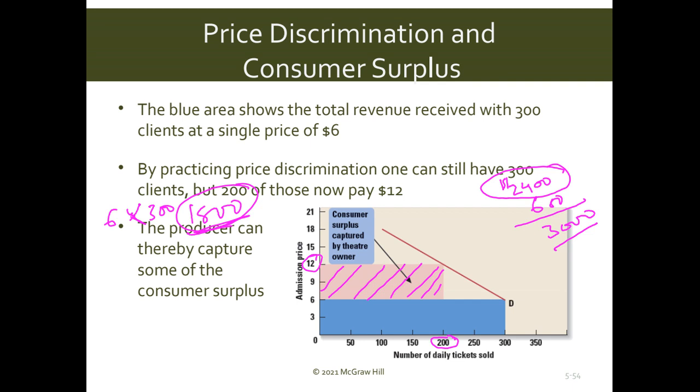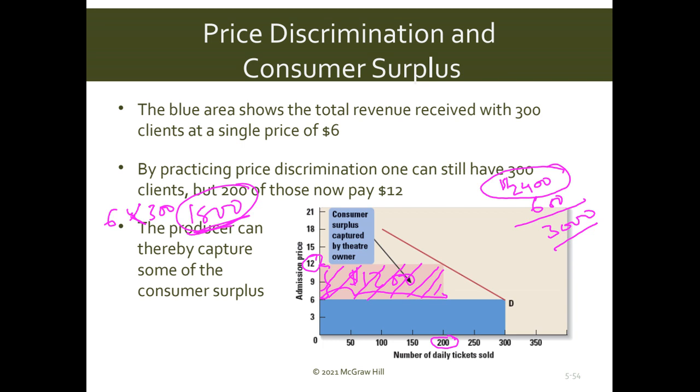How do I know? This base from 12 to 6 is 6, and the width is 200. So 6 times 200 is 1,200. This is the additional revenue that this seller is getting through price discrimination. Where does this 1,200 come from? If you remember, initially I showed you that the area under the demand curve above this blue rectangle was a consumer surplus.